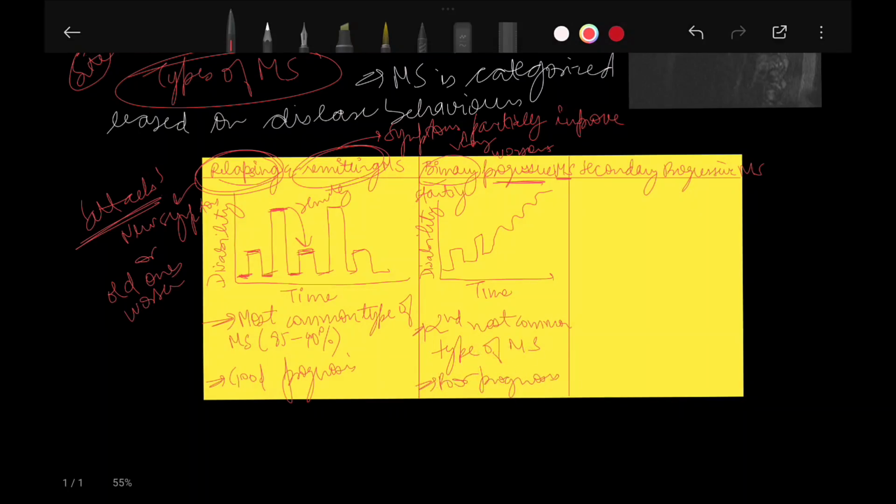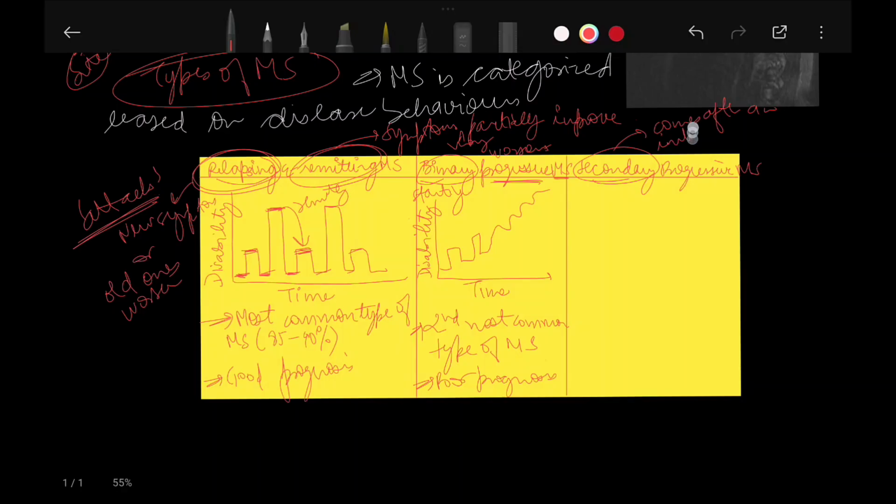Okay, secondary progressive. Now what is the meaning of secondary over here? It means it comes after an initial relapsing remitting phase. In this, it is secondary to an initial relapsing remitting phase. Progressive means it worsens over time. Now how is its graph?